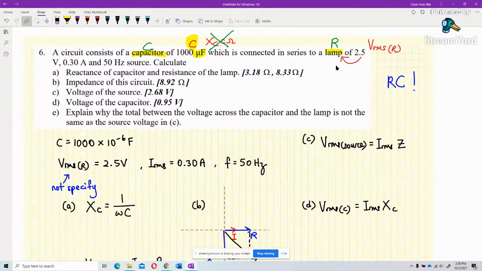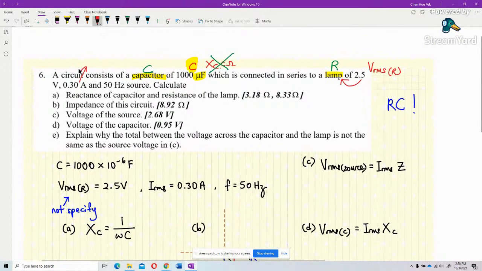And this current is the current across what? Is it the current only across the resistor, and the capacitor has a different current? Come on. This is a series circuit.